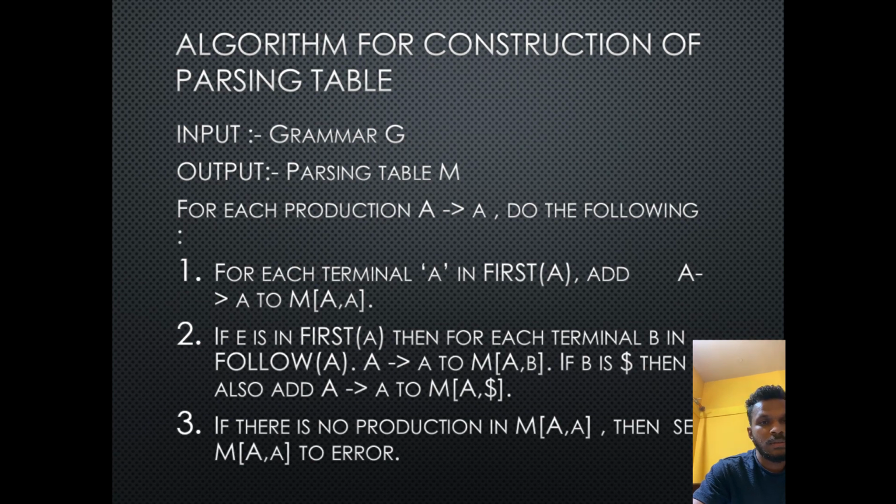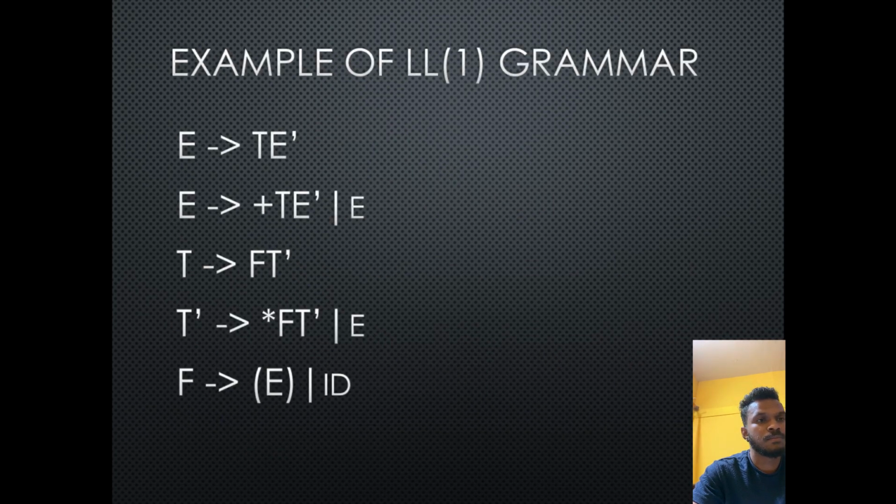If b is $, then also add A → α to M[A, $]. If there is no production in M[A, a], then set M[A, a] to error. So this is the algorithm for the construction of the parsing table.